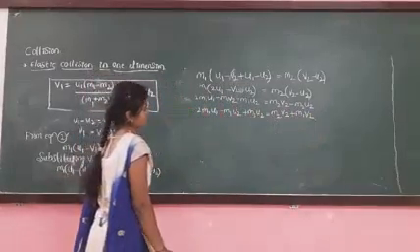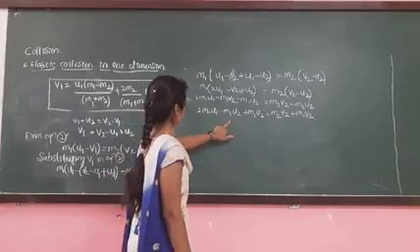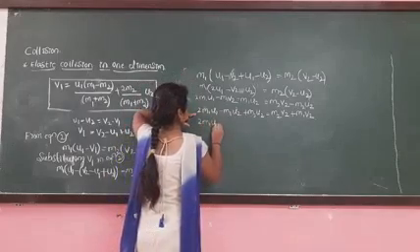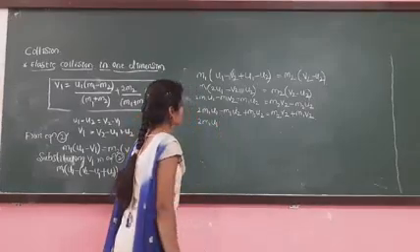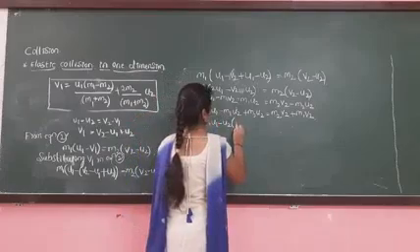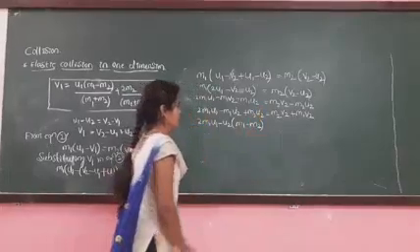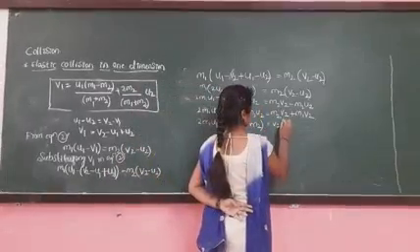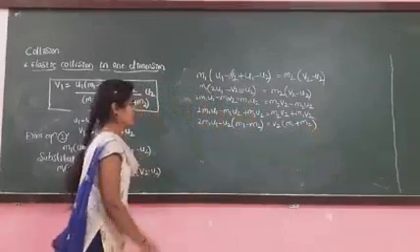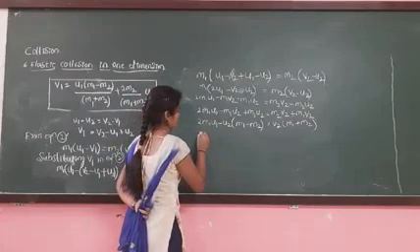Here v2 is common, so 2 m1 u1 plus u2 (m2 minus m1) equals v2 (m1 plus m2).